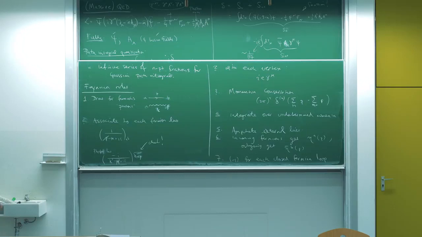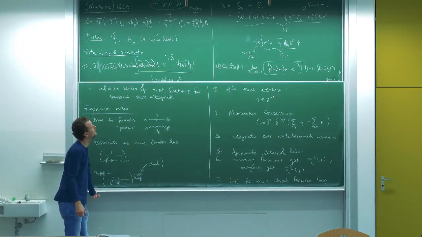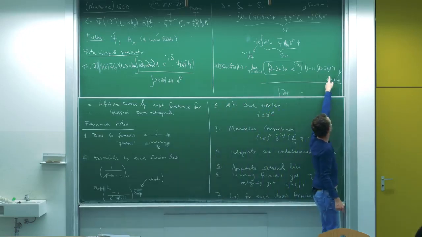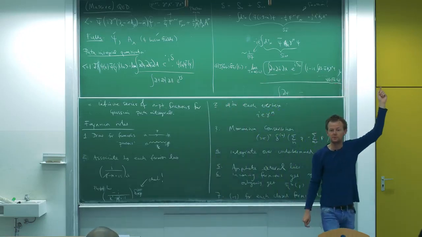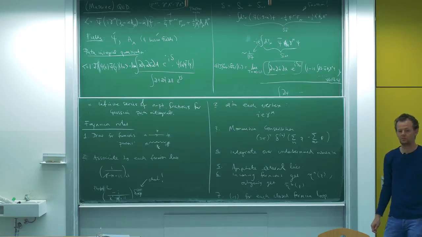Right. So you go through, you expand in powers of E. You encounter an infinite series of Gaussian integrals and endpoint functions thereof. You evaluate them using the generating functional.